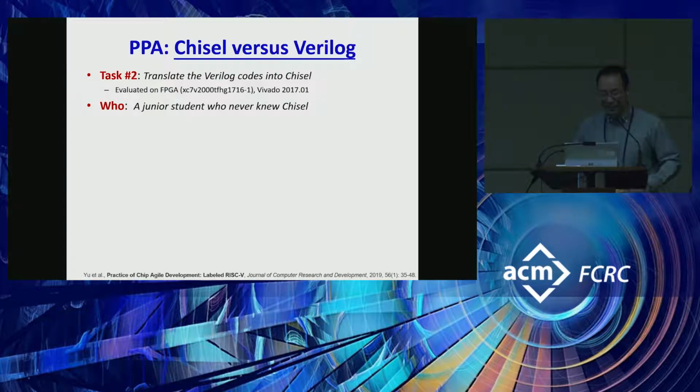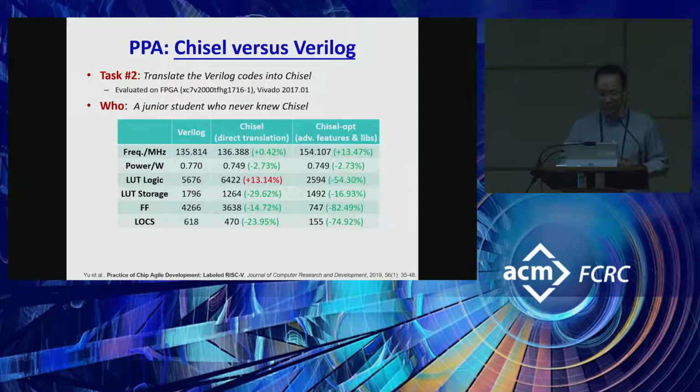So for the second task, I asked another student, a junior student who never knew Chisel, to translate the engineer's Verilog code into Chisel and evaluate it on the FPGA board. Here is the result.